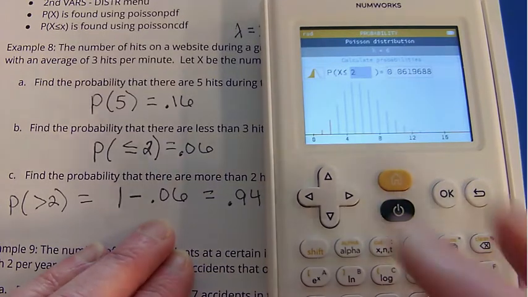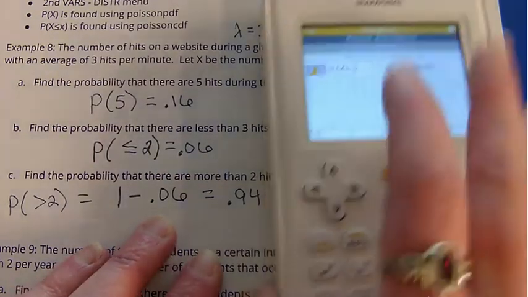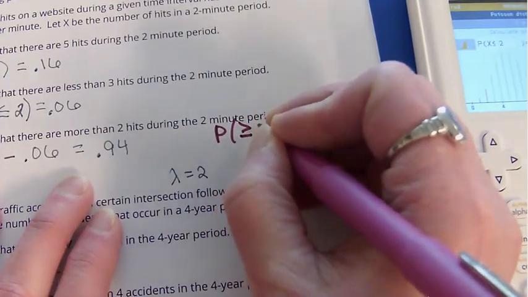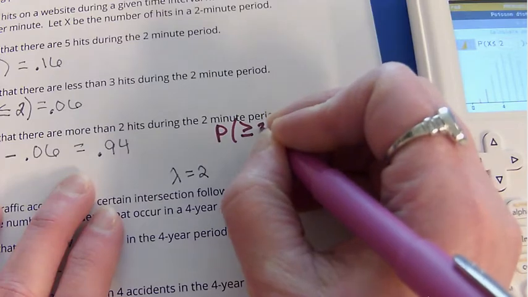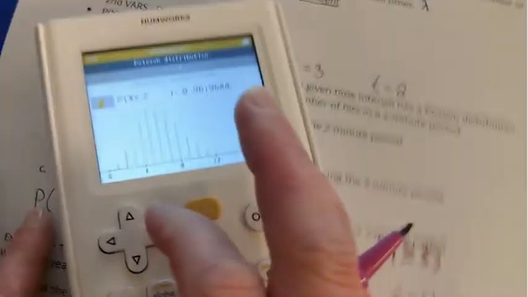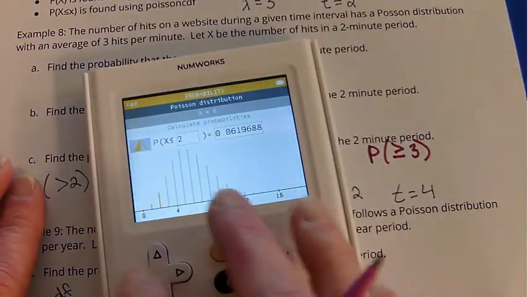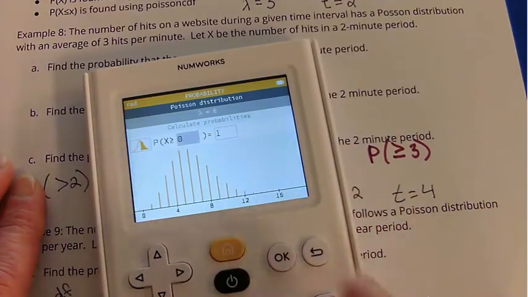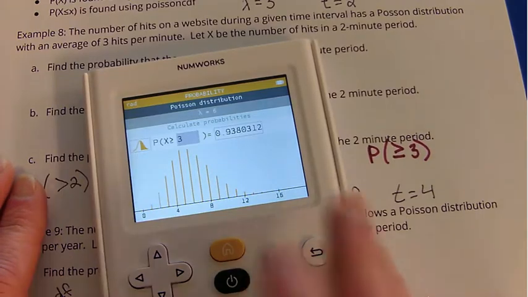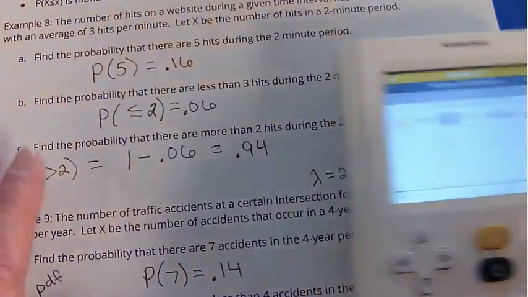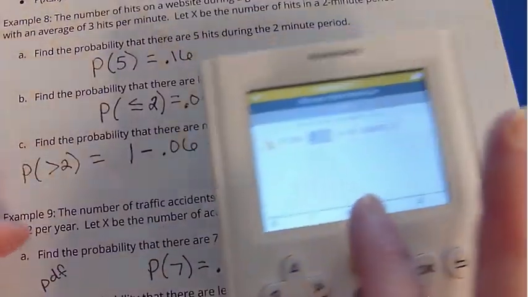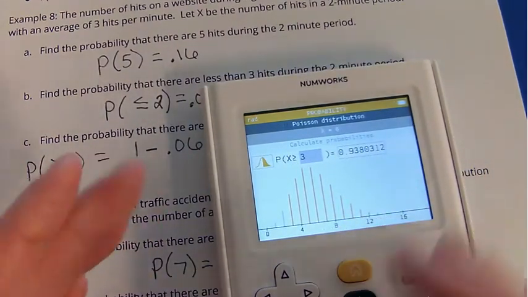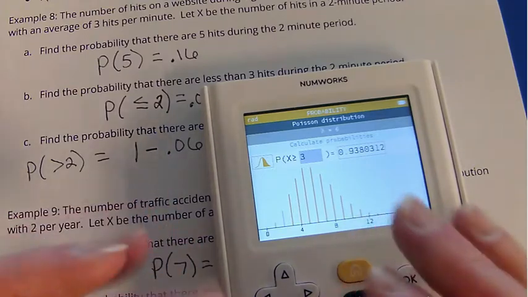Greater than 2, we could actually do in this calculator the probability of being greater than or equal to, if I'm greater than 2, that would be greater than or equal to 3. So I'm going to select the graph, choose the greater than option, greater than 3, 0.938, which rounds to 0.94. So you can do all the same calculations, but with the Poisson distribution, it actually is a little bit easier.